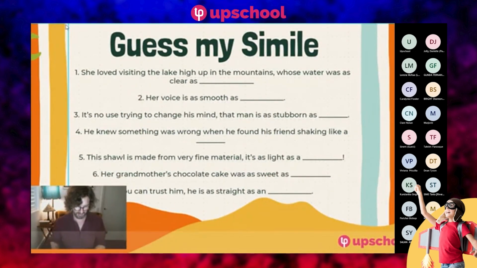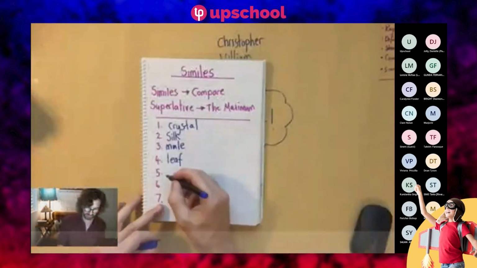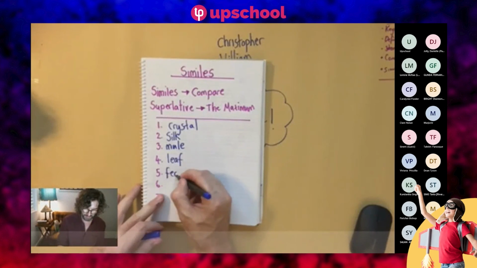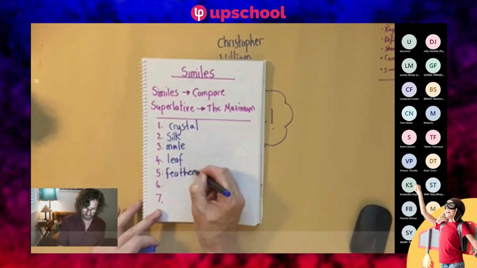Number 5. This shawl is made from very fine material. It's as light as... What is the lightest thing you can imagine? Well, the lightest thing that I had in my mind was it's as light as a feather. Very good.